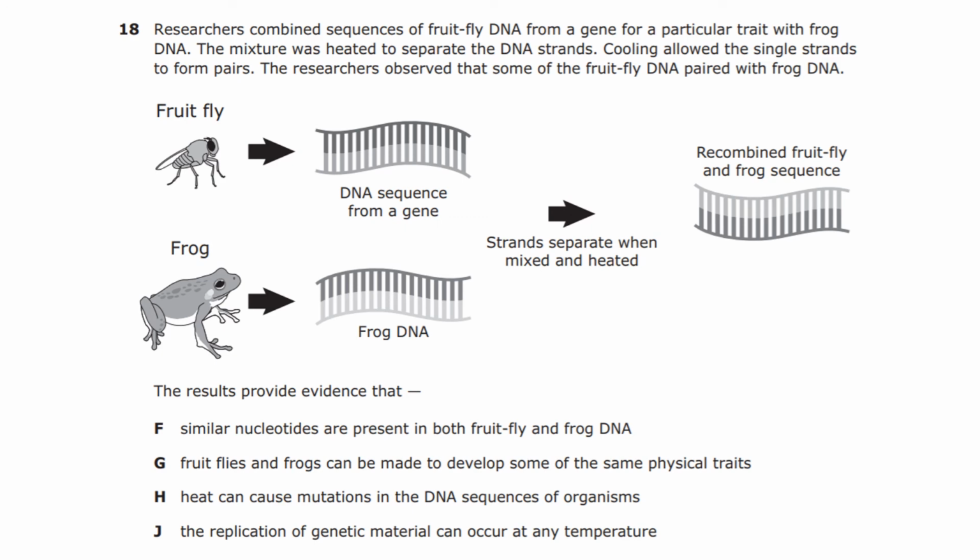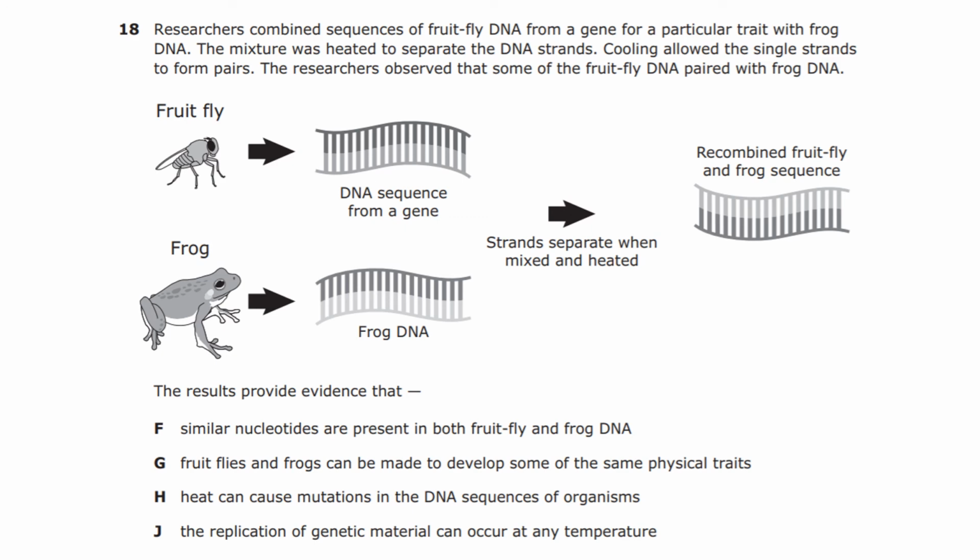And the mixture was heated to separate the DNA strands, and cooling allowed the single strands to form pairs. The researchers observed that some of the fruit fly DNA paired with frog DNA. So that's what this diagram shows, right? And it says the results provide evidence that there are similar nucleotides present in both fruit fly and frog DNA. That's going to be the correct answer.